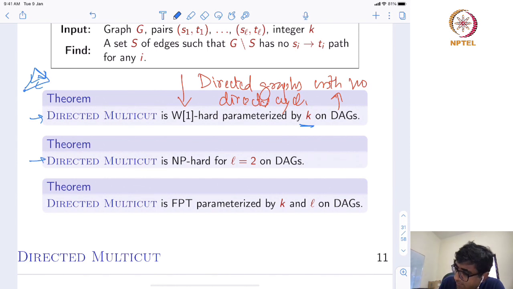Directed multicut is NP-hard for L equal to 2 on directed acyclic graphs, and directed multicut is FPT parameterized by K and L on DAGs. So though directed multicut is W1-hard on general digraphs parameterized by K and L, in fact even for L equal to 4 terminals, it is FPT parameterized by K and L if we take a directed acyclic graph, a graph that does not contain a directed cycle. Extending this algorithm to other classes of digraphs is an interesting open problem.